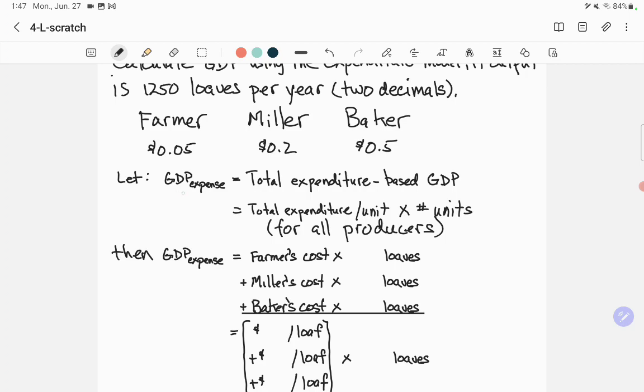So let GDP for expense equal total expenditure-based GDP, and that's going to equal total expenditure per unit times number of units.